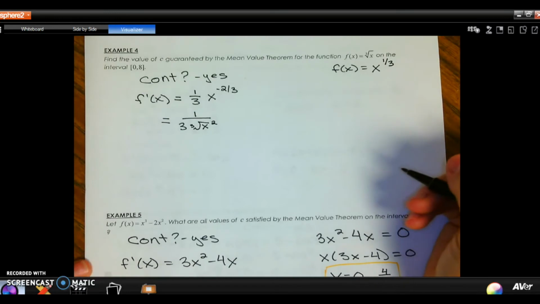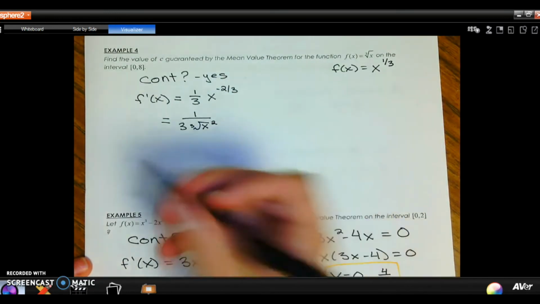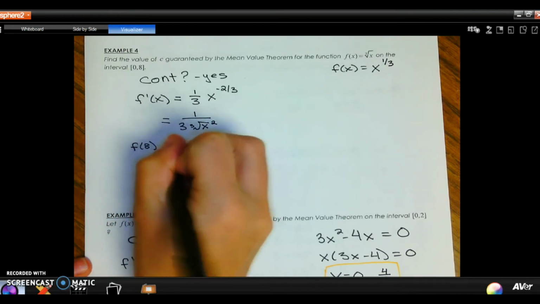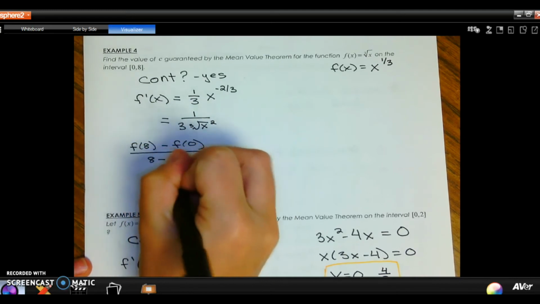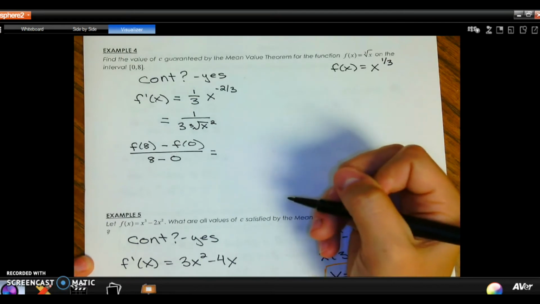Okay, so I have that derivative. I checked for continuity, I took the derivative. Now I need to use that average rate of change formula. So I need to say f of 8 minus f of 0 all over 8 minus 0. To get these, I'm just going to plug in.